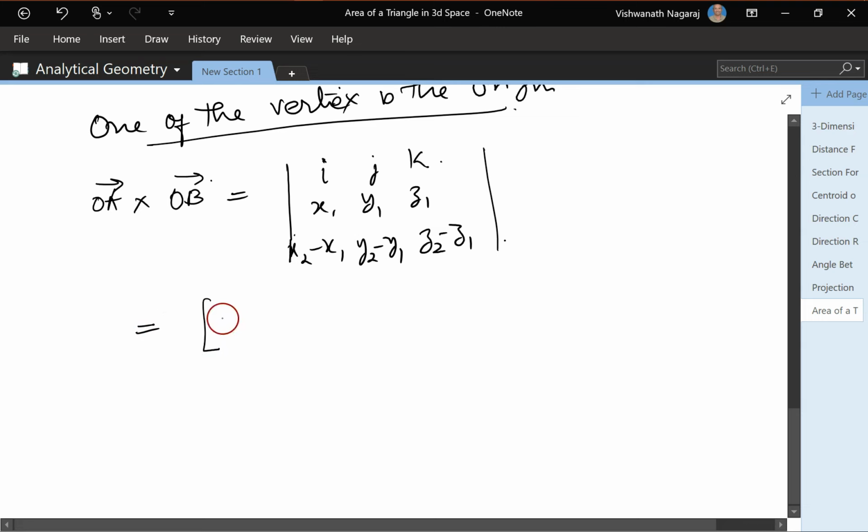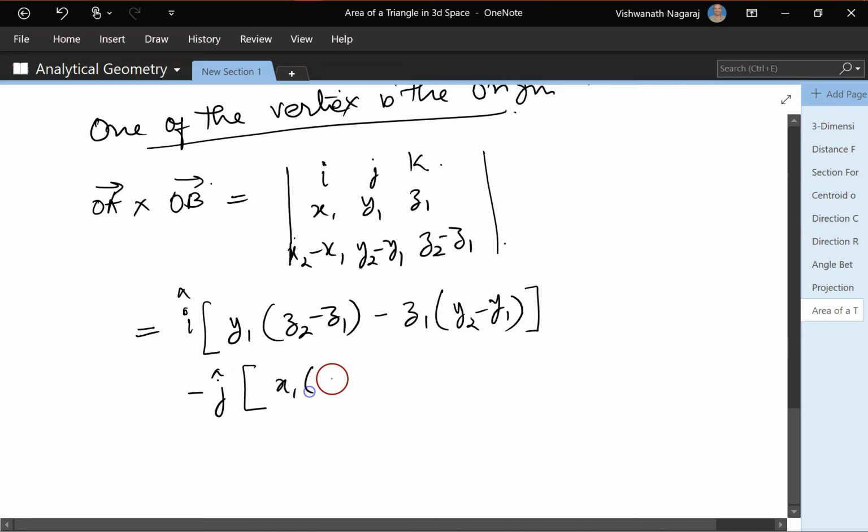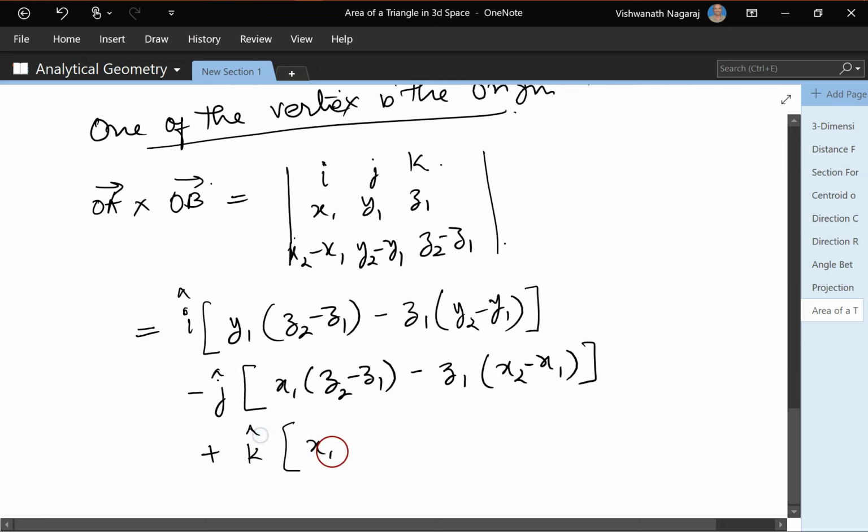We have i times y1 (z2 minus z1) minus z1 (y2 minus y1), minus j times x1 (z2 minus z1) minus z1 (x2 minus x1), plus k hat times x1 (y2 minus y1) minus y1 (x2 minus x1).